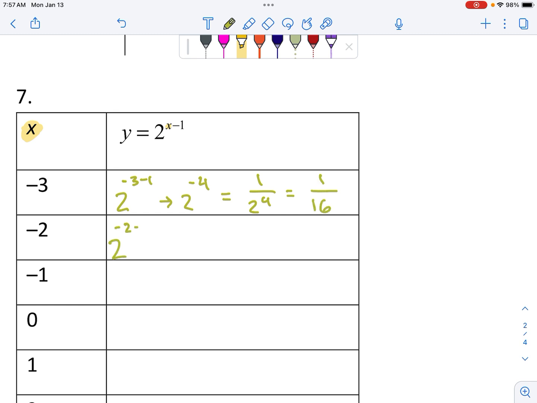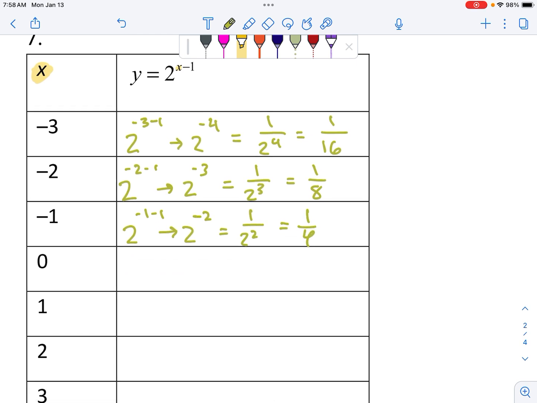And we're going to sub in the x coordinate. So this is just kind of building the pattern here. So 2 to the 1 minus 1.